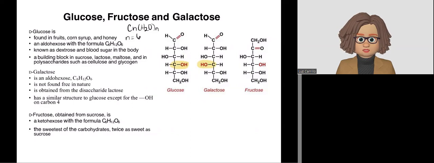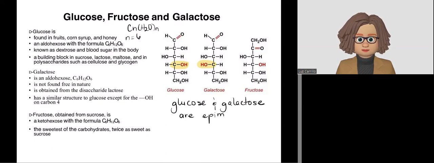So what this means is that glucose and galactose are epimers, meaning that it is a specific class of isomers that are present in the structures of monosaccharides.